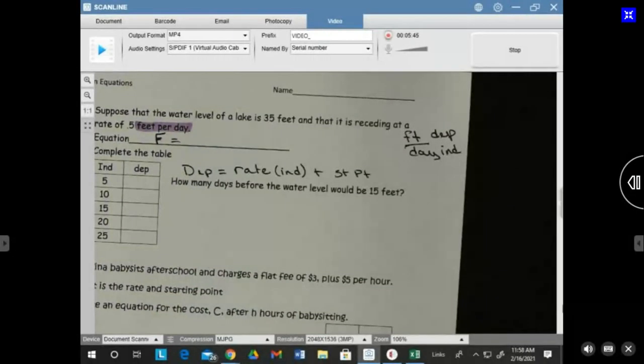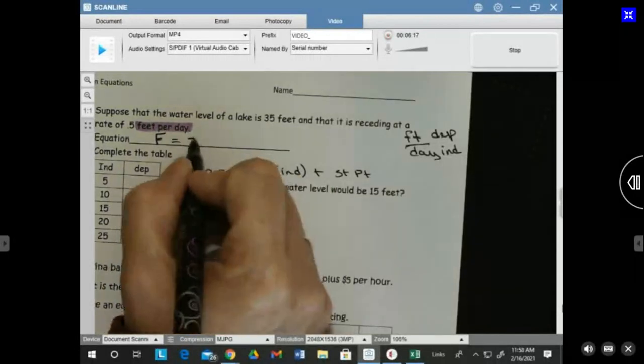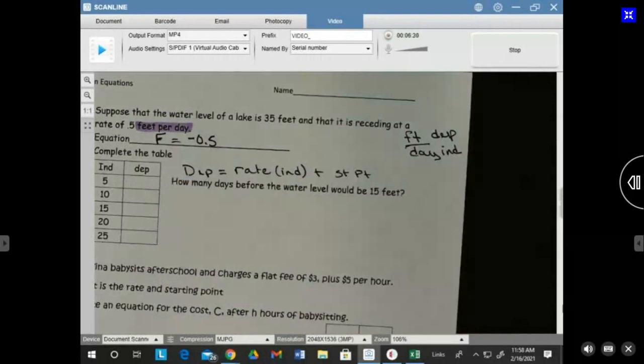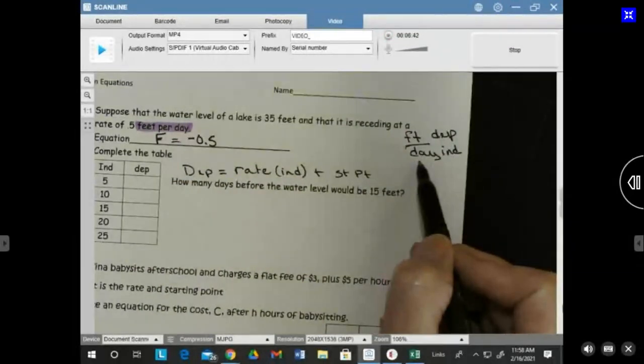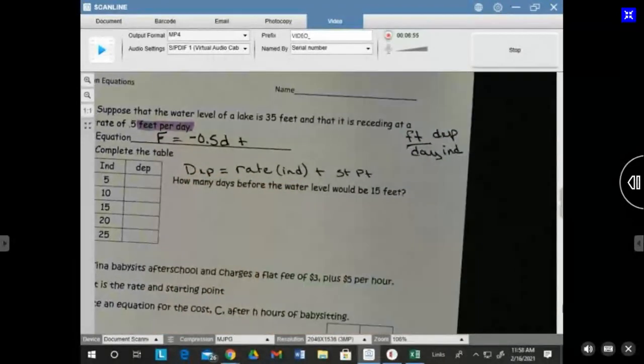Now the water level is going down, so there's a curveball in there. What kind of 0.5 is that going to be? So I'm going to say negative 0.5 times what is my independent variable plus what is my starting point? Good.